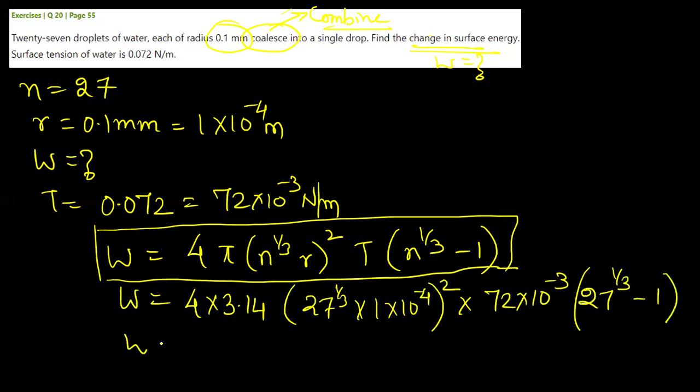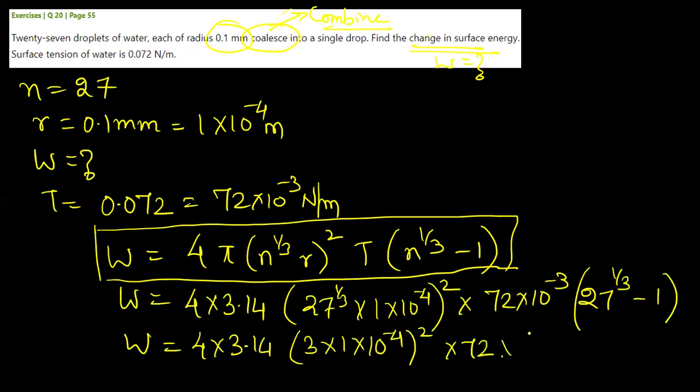Please remember, the cube root of 27 is 3. So 4 into 3.14 into 3 into 1 into 10 raised to minus 4 the whole square into 72 into 10 raised to minus 3 into 3 minus 1. When you solve these values, you will get the final answer. So the final answer will be 0.162. I will write the final answer.